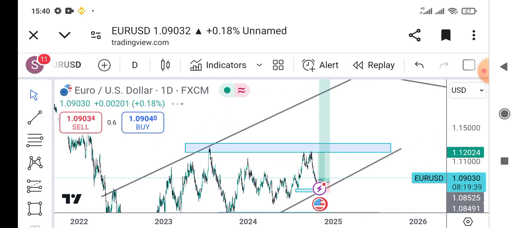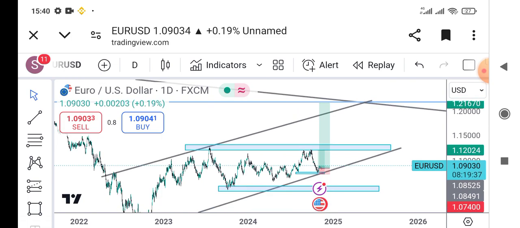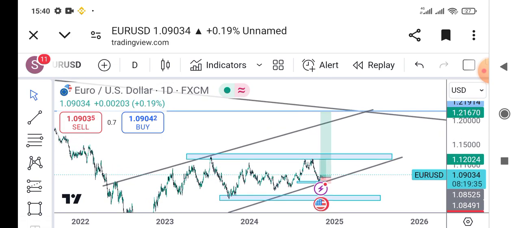So for swing traders, that is where we'll take off; we'll have our second take profit.